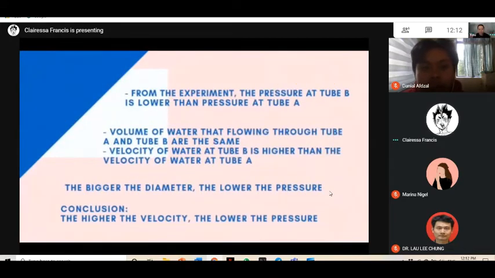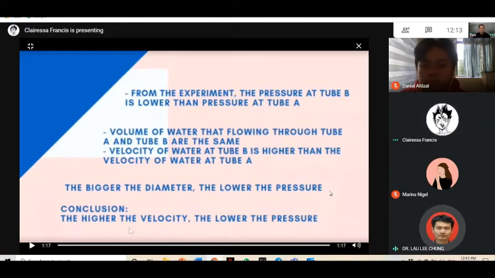So from the experiment, the pressure at tube B is lower than the pressure at tube A. The volume of water flowing through the tubes is the same. The velocity of water at tube B is higher than the velocity of water at tube A. So the bigger the diameter, the lower the pressure. In conclusion, the higher the velocity, the lower the pressure.